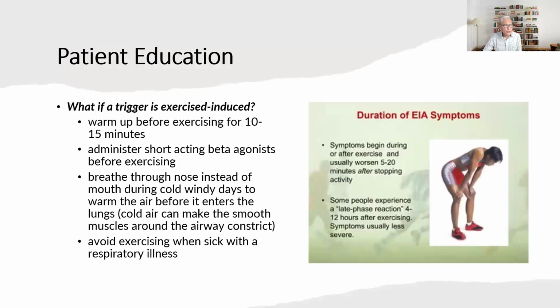Other patient education is: what if a trigger is exercise induced? Well, the patient doesn't need to quit exercising. This is important to emphasize because the more they are exercising, the more it is going to contribute to their overall health. And to help decrease the chances of an attack, they need to warm up before exercising for at least 10 to 15 minutes.